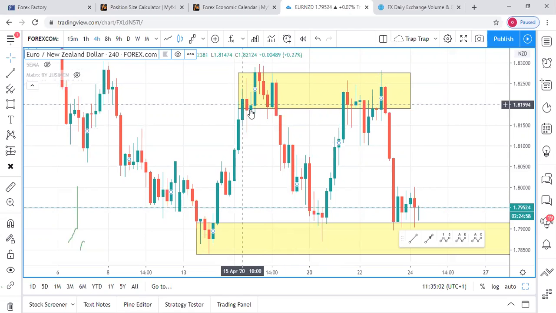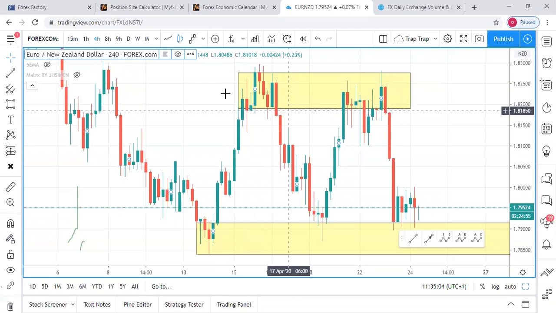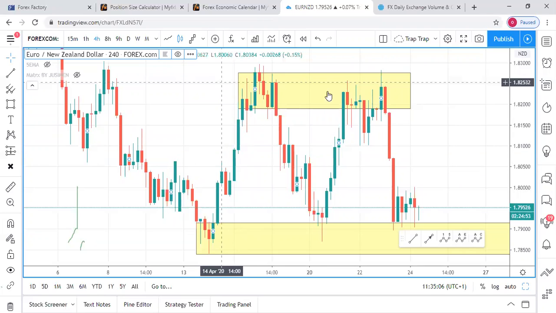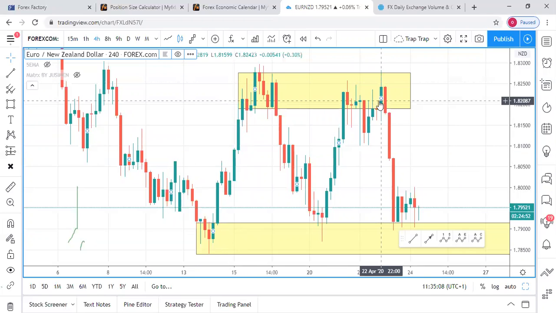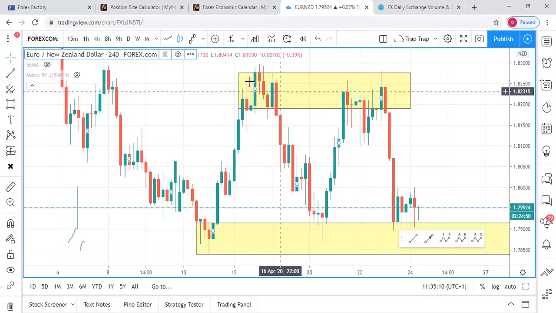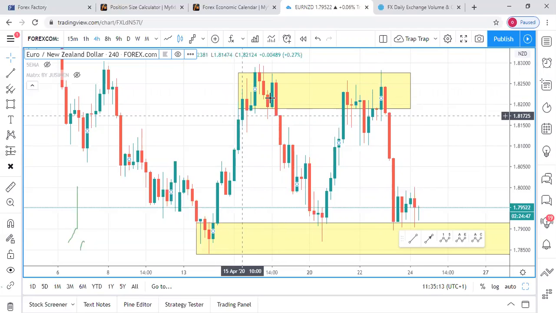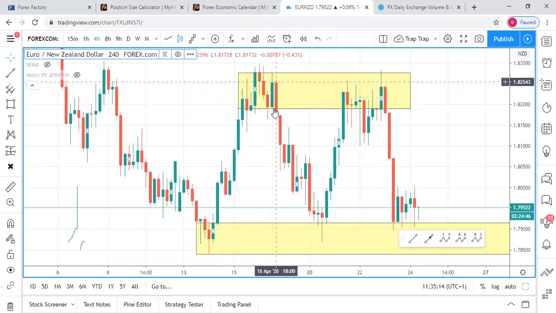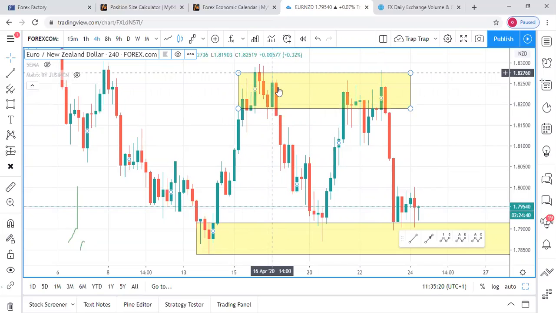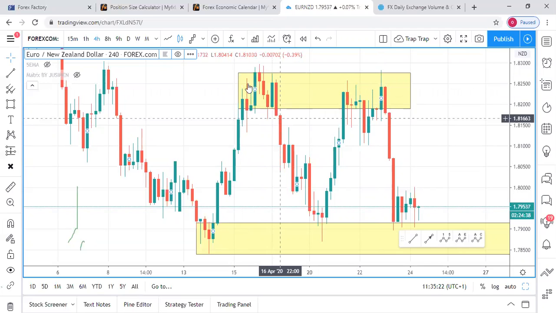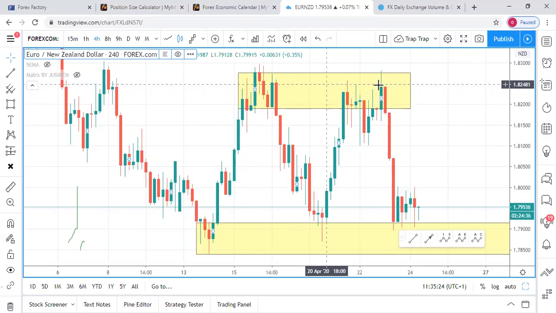Because I don't want to miss my trade and I don't want to rely on just pure lines, I want to pick up a zone. So how did I get the zone? I look at the last bullish candle that was engulfed by a bearish candle, and I mark up that zone.